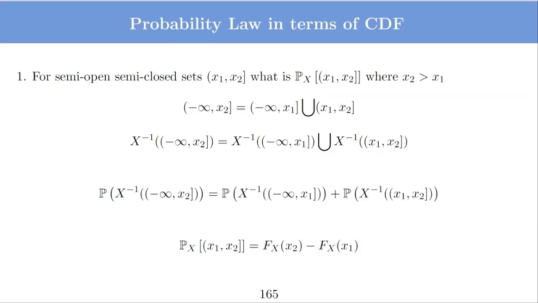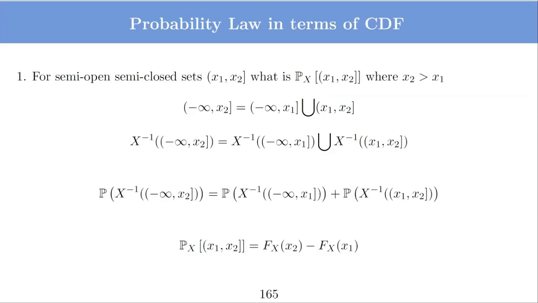I have chosen this format to make sure that these two sets are disjoint. Now we want to claim that if C is equal to A union B, and A and B are disjoint, then the pre-image of C would be equal to the pre-image of A union the pre-image of B.